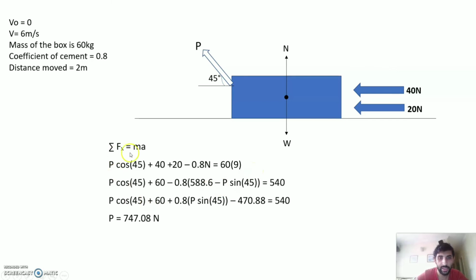And then we start calculating and finally I found the answer, P equals 747.08 N.